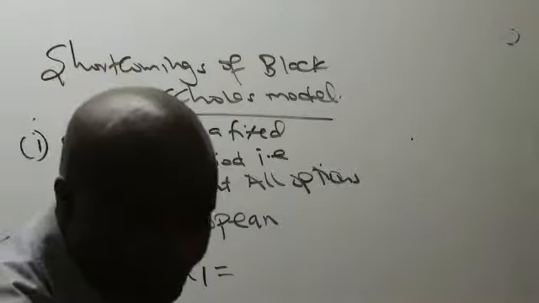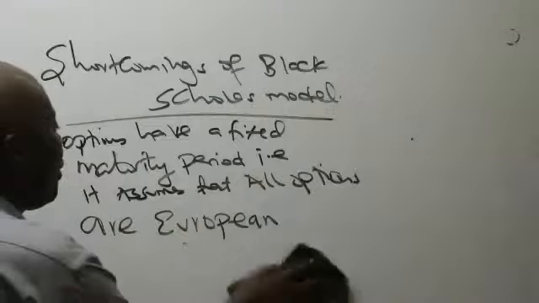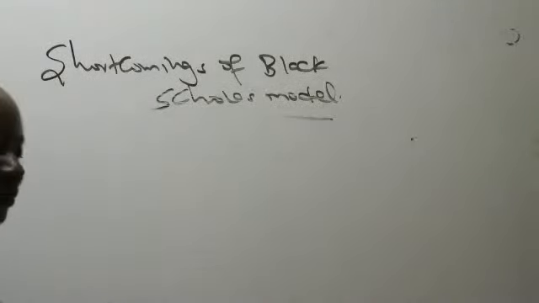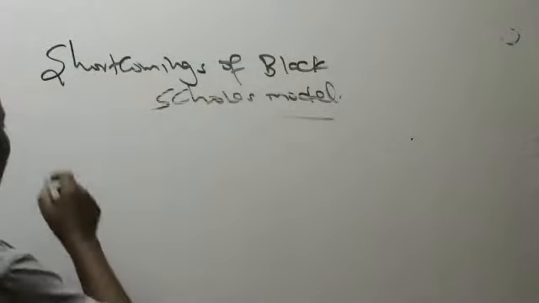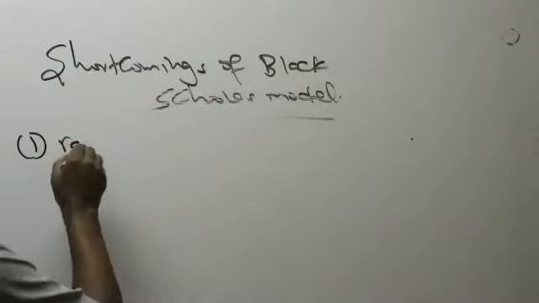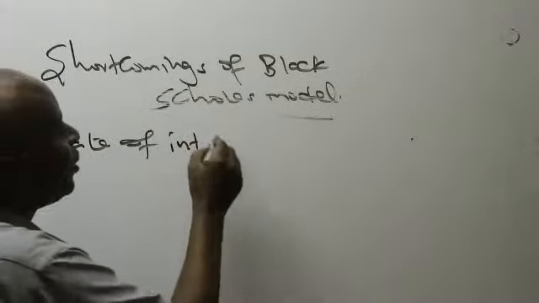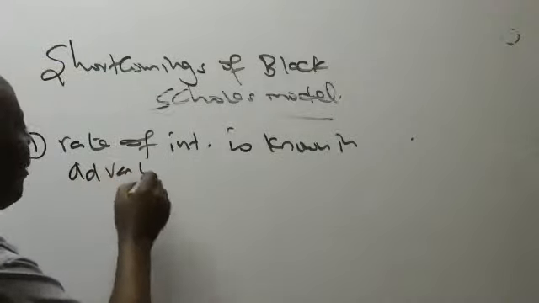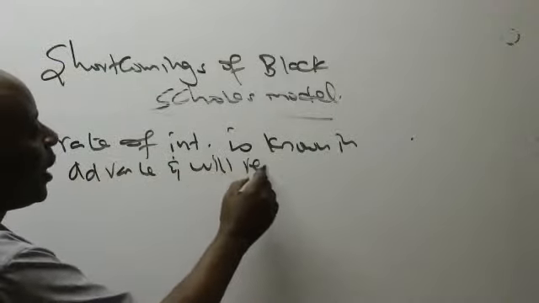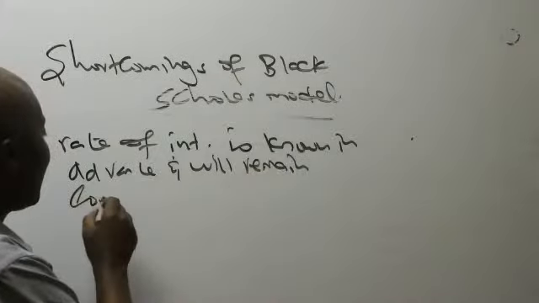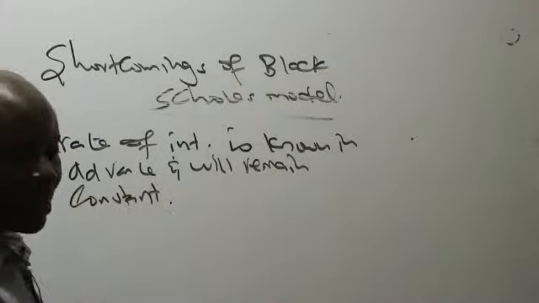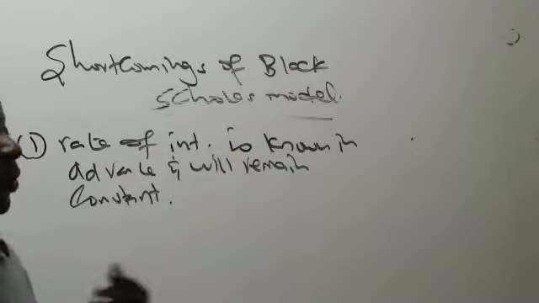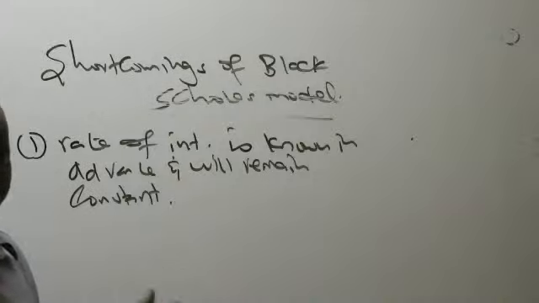Yes. So number two, the other assumption that you are supposed to remember very fast here is that the Black-Scholes model assumes that the rate of interest is known in advance and will remain constant.